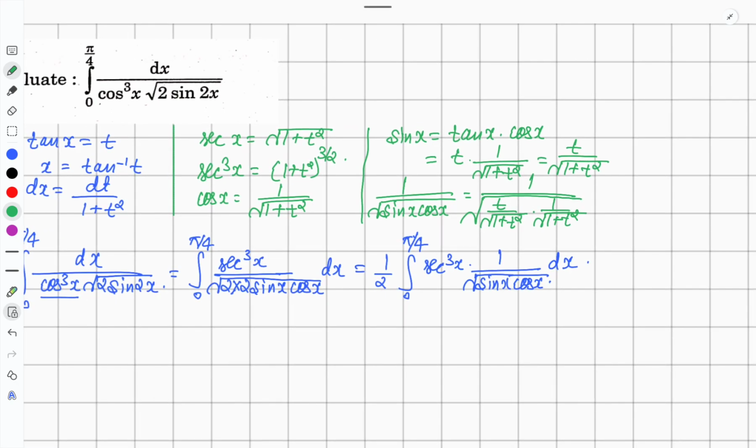So this root t and the 1 plus t square terms, when we multiply these two, the under root will go, but the outer under root will still remain.